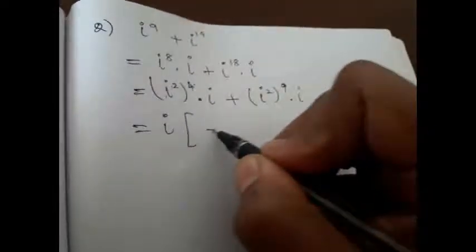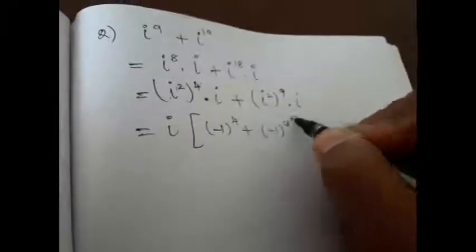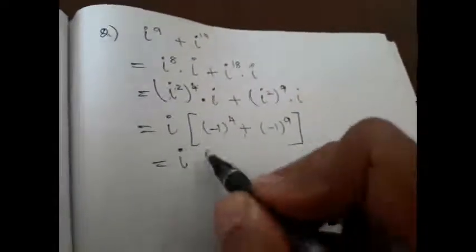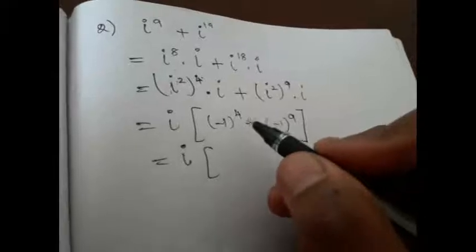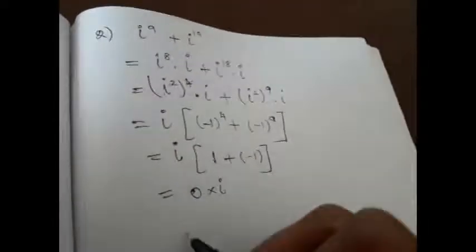So this can be written as i into (minus 1 the whole power 4 plus minus 1 the whole power 9). Minus 1 to the even power 4 is going to be plus 1, and when it is an odd power you will end up with minus 1 only. Yes, 9 times if you multiply minus 1 you will end up with minus 1. So plus 1 minus 1 is 0, and 0 into i is going to be 0 only. Expressing 0 in the form of a plus ib is 0 plus i0, so it is enough if you just write 0.